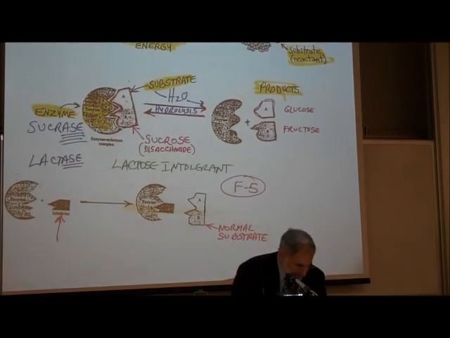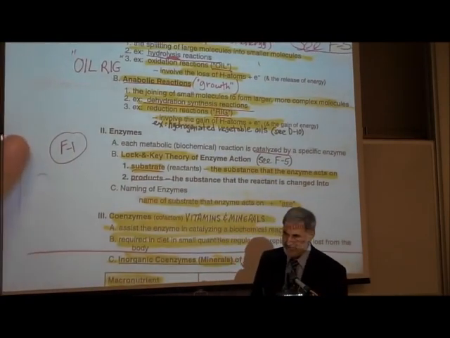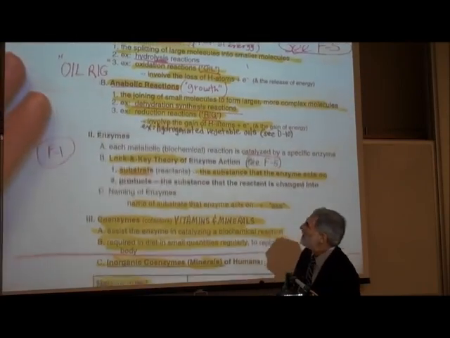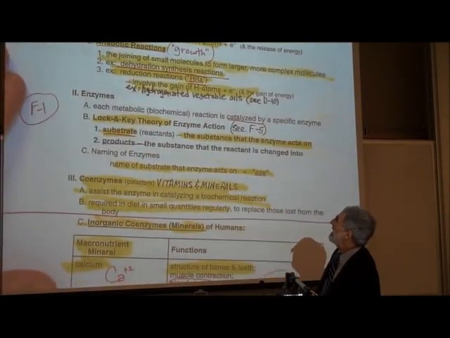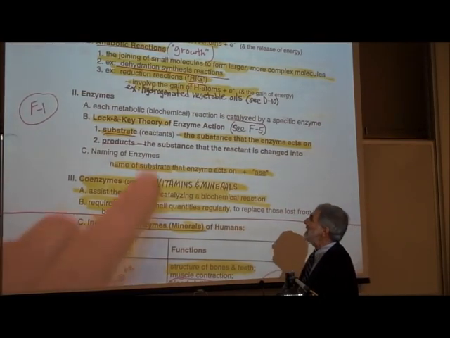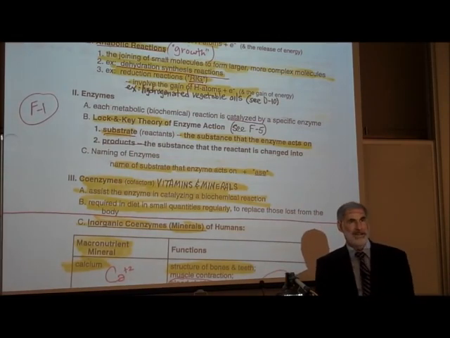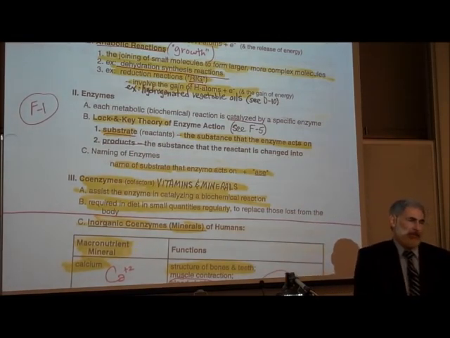So let's summarize this back on F1. On page F1, Roman numeral 2 says enzymes. And we wrote that on F1, each metabolic reaction, what does metabolic mean? Biochemical. Now some of us are thinking, my gosh, Professor Fink, you give us too many words.